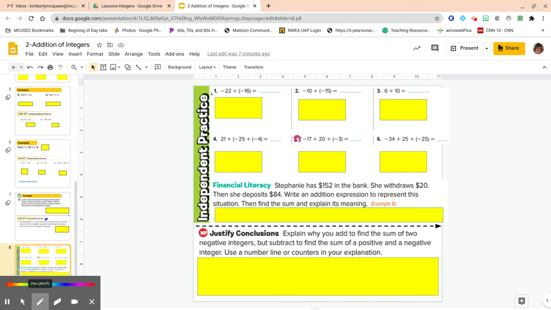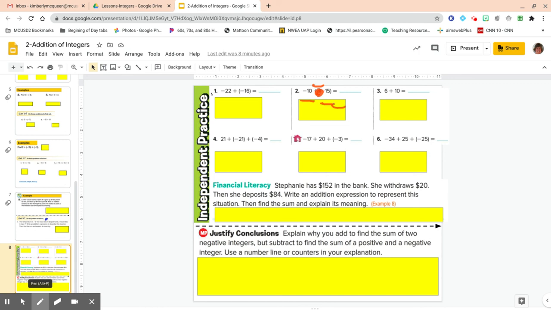Let's do number 2 together. Does every number have one sign in front of it? Well, the 10 has a minus, a negative 10, so it's good. But I see 2 signs right here. So I'm going to get rid of those 2 signs and make it 1 minus. Why? Because the signs were different. So now I'm putting together a negative 10 with a minus 15. Negative 10 minus 15.